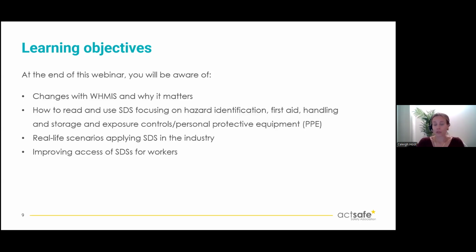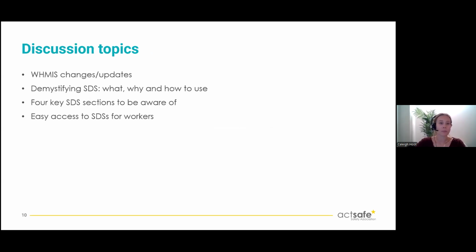As we go through, we're going to go into some real life scenarios that apply to SDSs in our industry just to make it a little bit more accessible and understand it. And then at the end, we want to chat about improving access for SDSs within our industry for workers or supervisors or whoever is going to be handling the hazardous products.